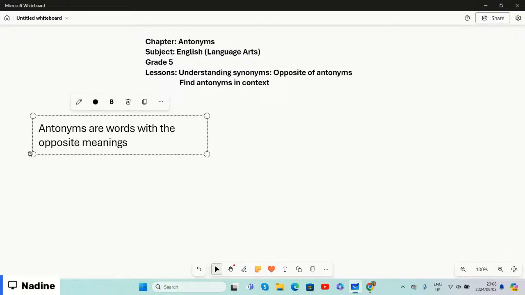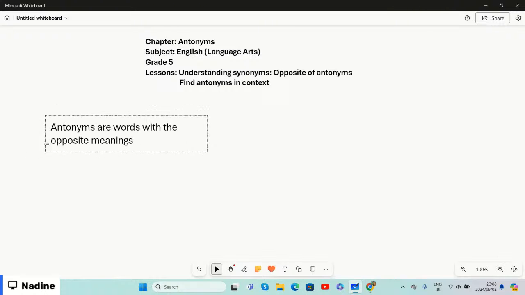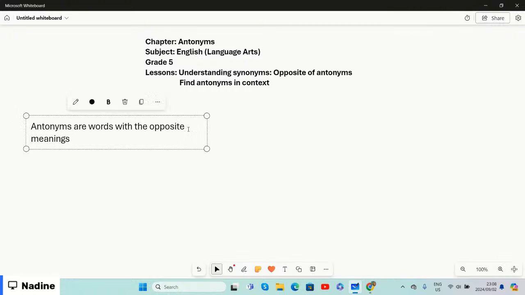So antonyms are words with the opposite meanings of what the word means. If you look at a specific word, like for example, big, then the opposite of that word big, that is the antonym.